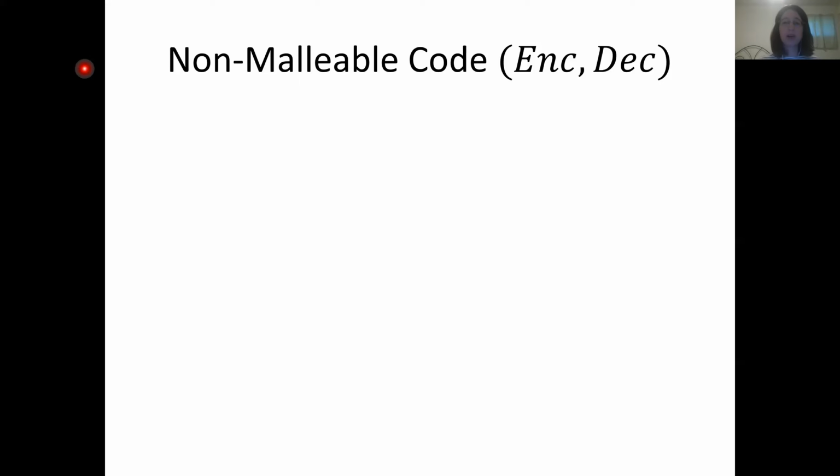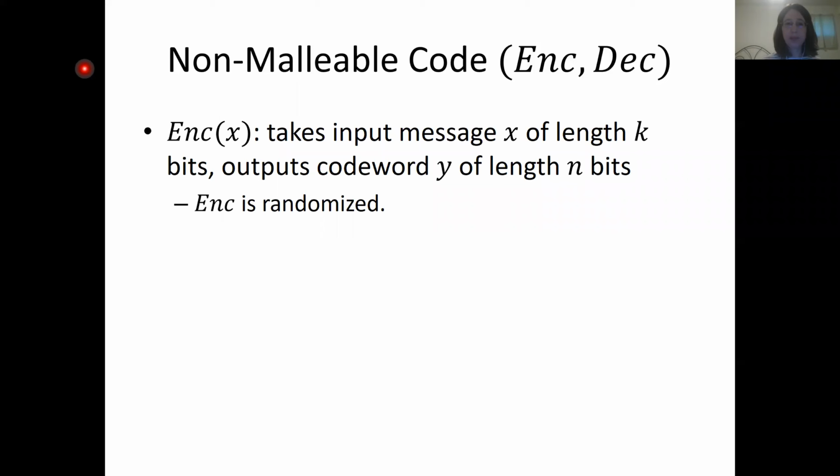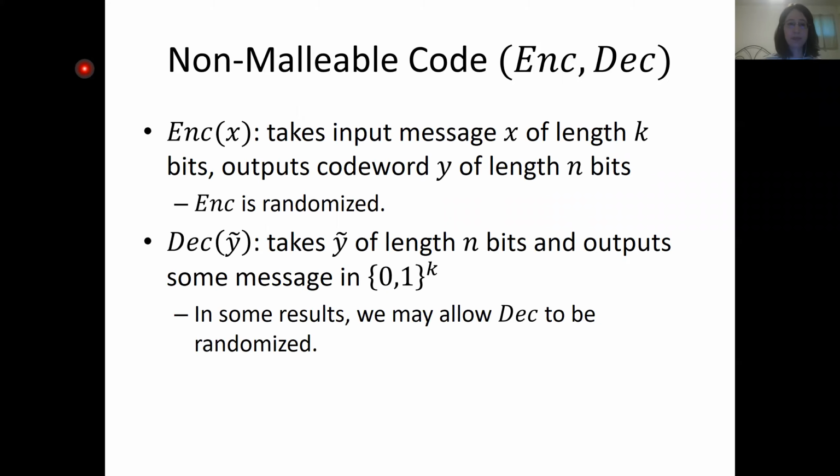So first, I'm going to talk about the syntax of a non-malleable code. A non-malleable code contains an encode and decode algorithm. The encode algorithm takes an input message of length k bits and outputs a code word y of length n bits. And we can assume that the encode algorithm is randomized.